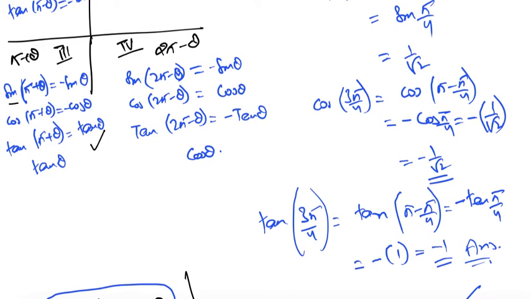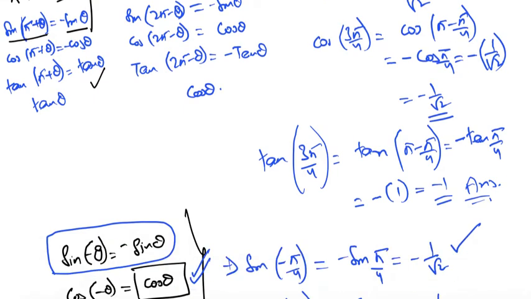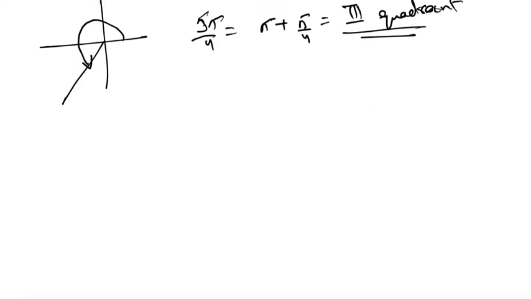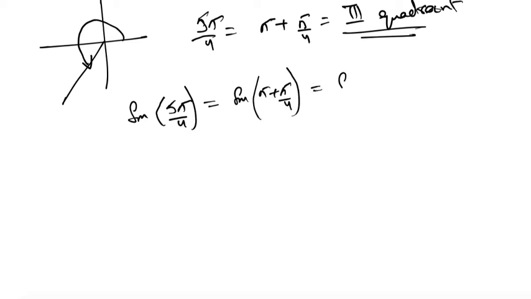Sine pi plus theta will be minus sine theta. So sine 5 pi by 4 can be written as sine pi plus pi by 4. This will be equal to minus sine pi by 4, which is minus 1 by root 2.